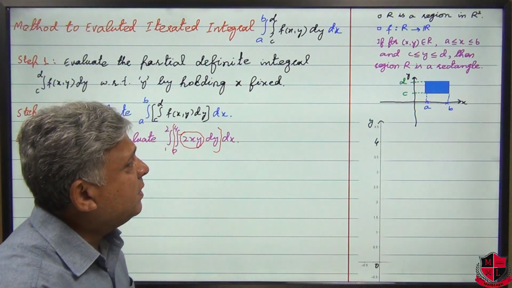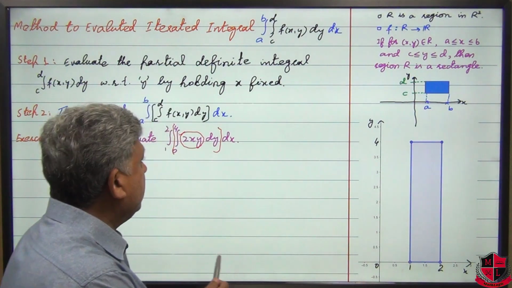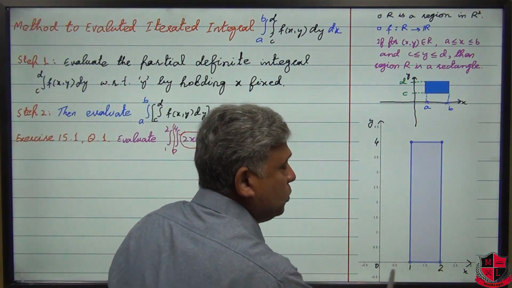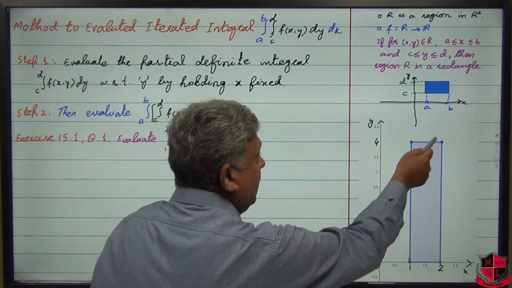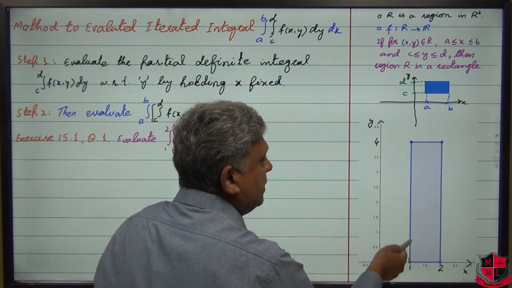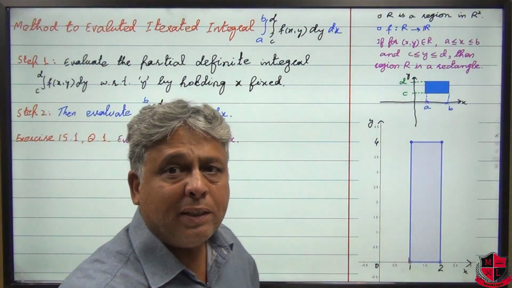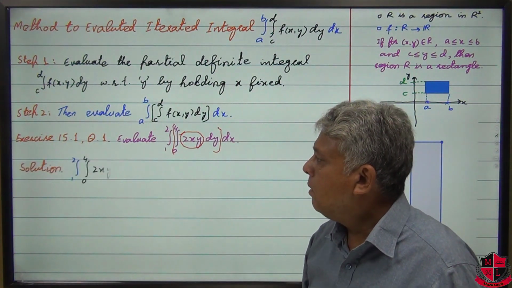The sketch of this rectangle is shown in this diagram. The limits of the variable x are from 1 to 2, and the limits of the variable y are from 0 to 4, and this rectangular region is the domain of the function over which we have to evaluate this iterated integral. Let's start the solution.